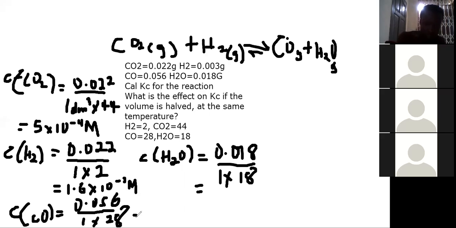What about this one? 2 times 10 raised to the power negative 3. And H2O will be 1.0 times 10 raised to the power negative 3.